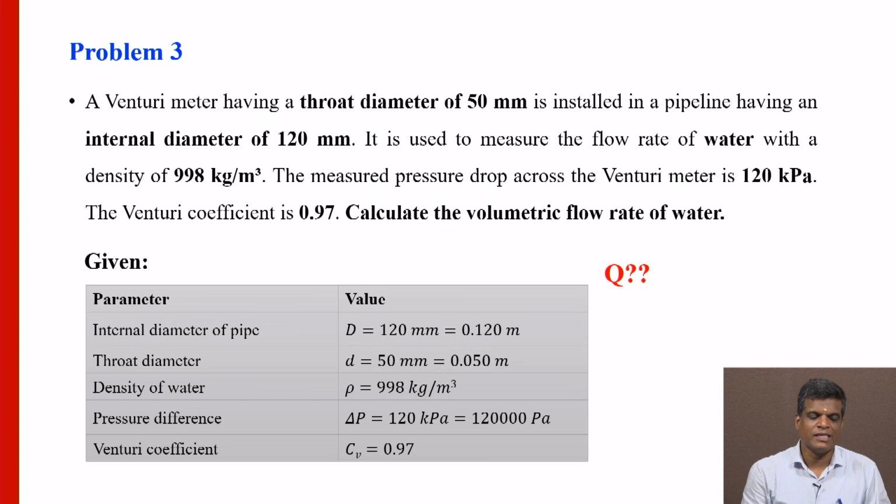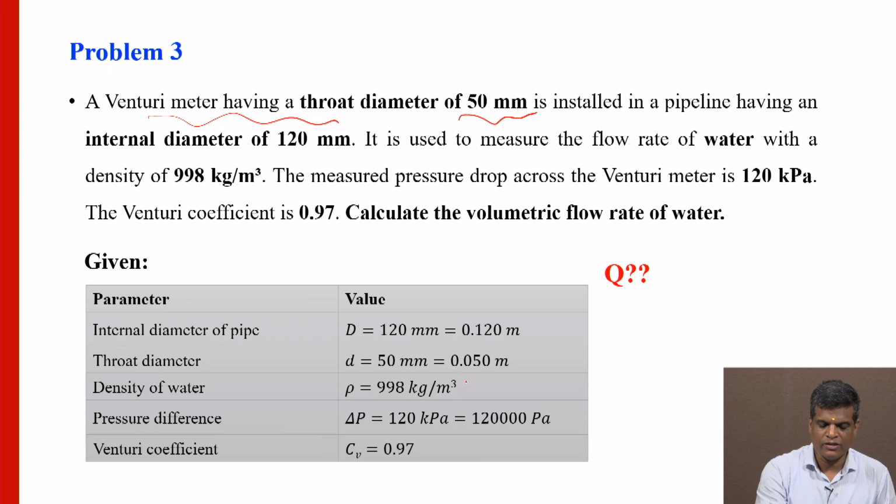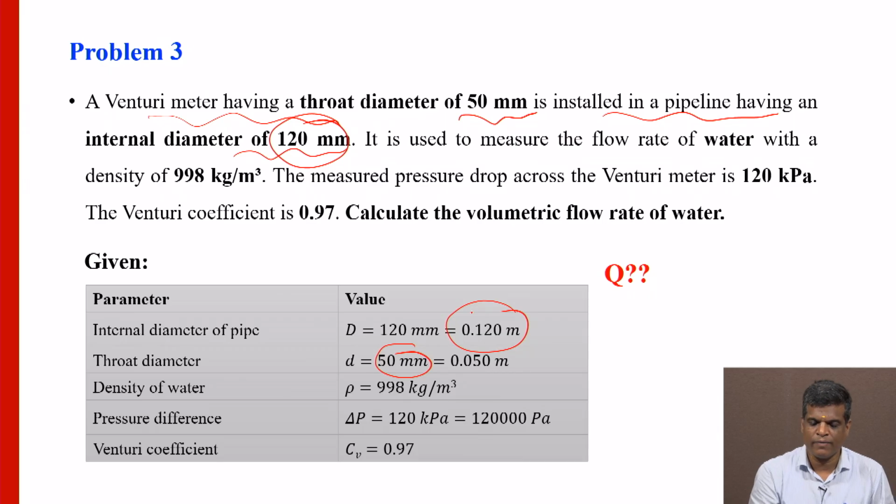Now see the problems here. This Venturi meter has a throat diameter of 50 millimeter and is installed in a pipeline with an internal diameter of 120 millimeter, that is 0.120 meter.